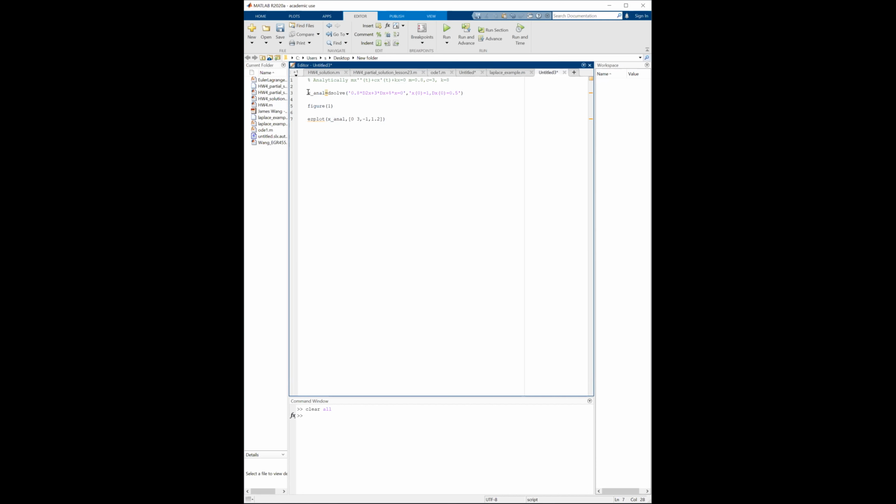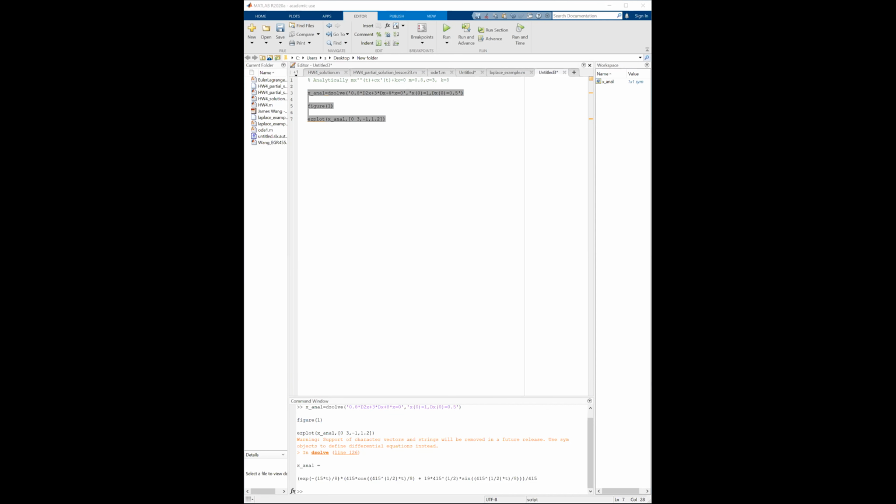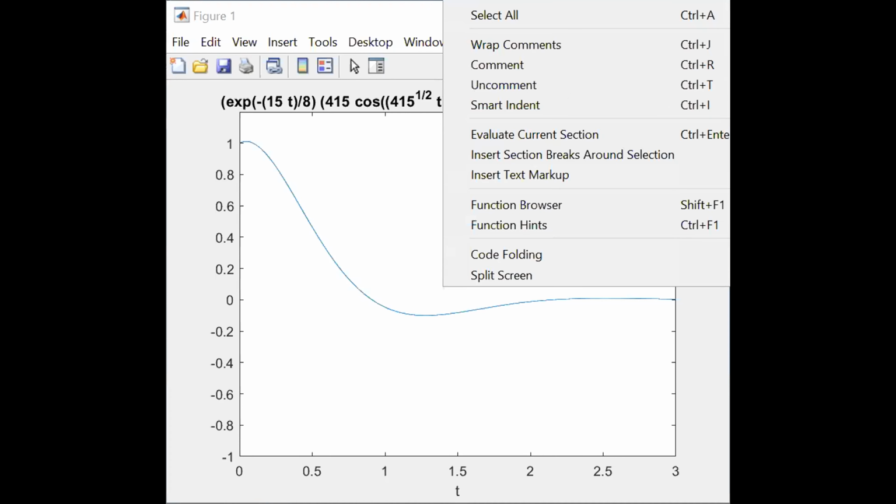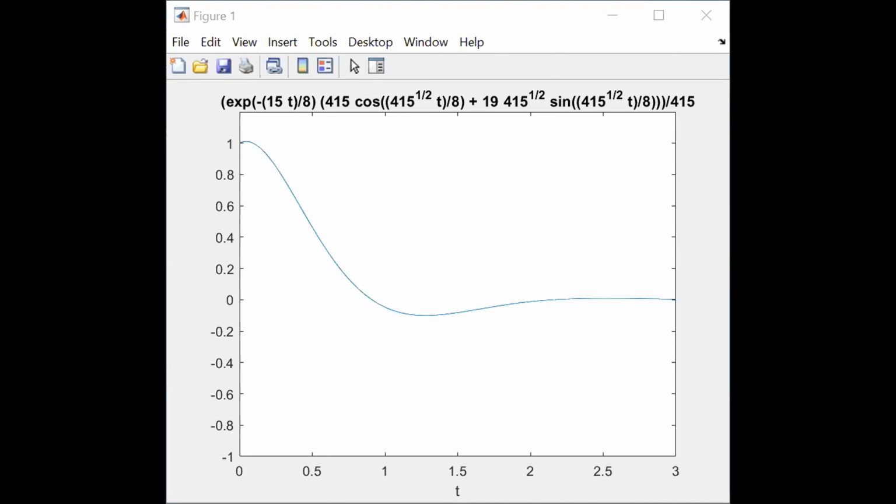At this point, I want you to run this code, and it will give you a plot. I'm going to change my screen to show you the plot. Are you able to see the plot? This is the plot you should be getting.